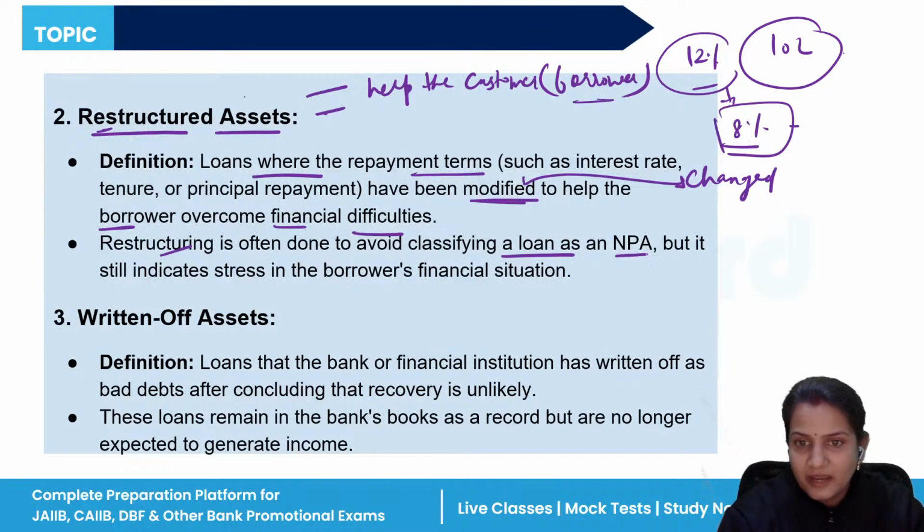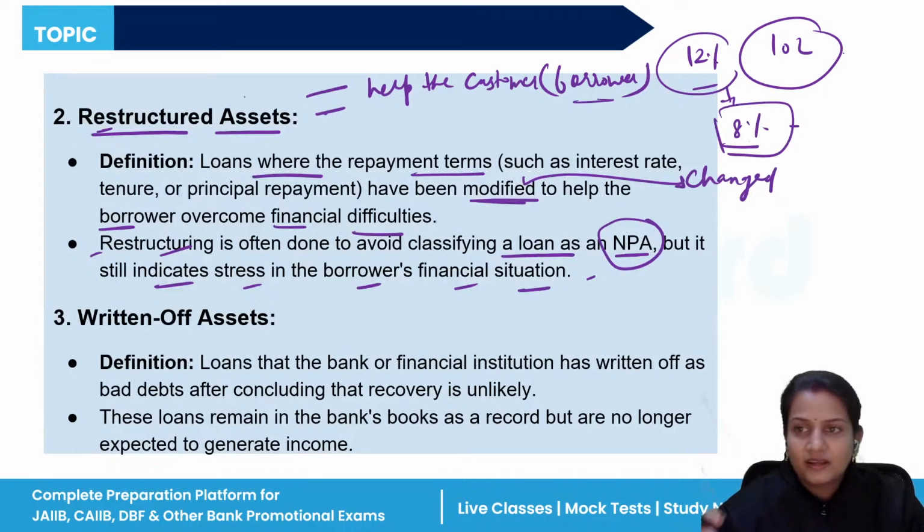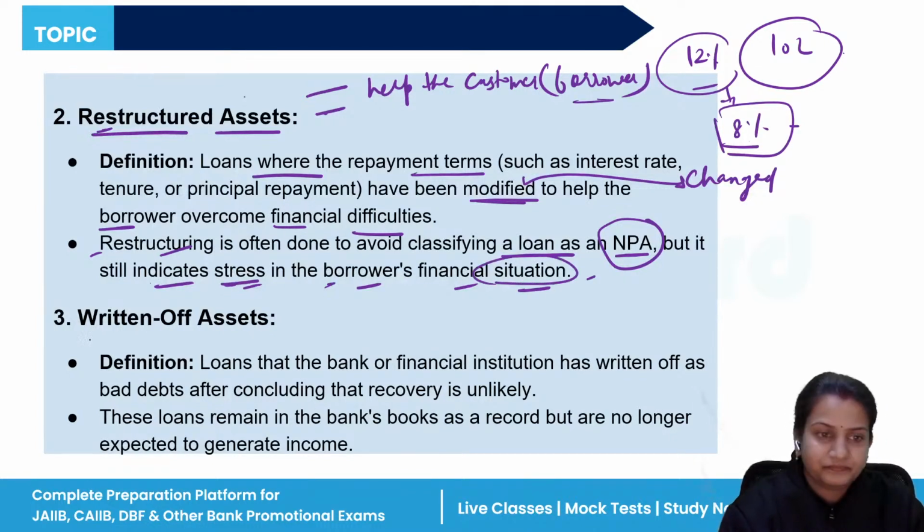For avoiding NPA, for avoiding non-performing assets, but it still indicates stress in the borrower's financial situation. So restructuring helps out the customer in different ways. And still, if the customer is not able to repay the loan, it still indicates stress in the borrower's financial situation.